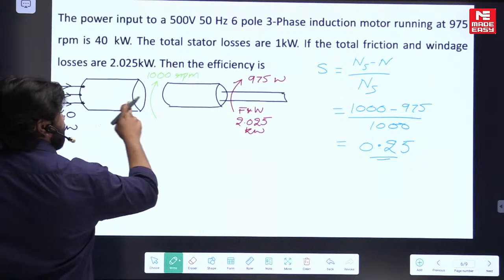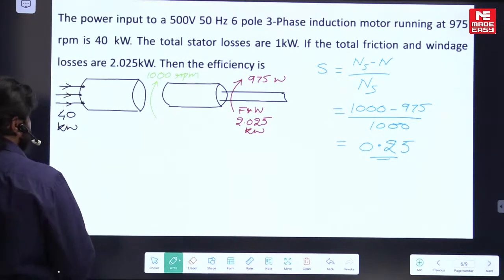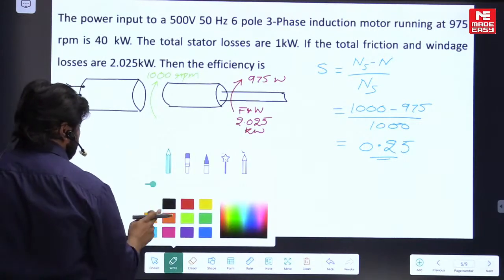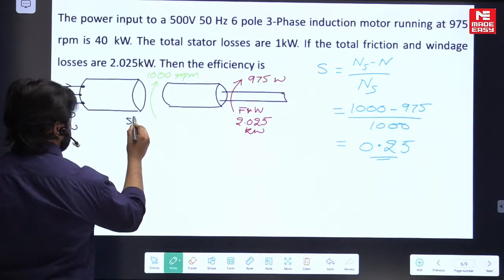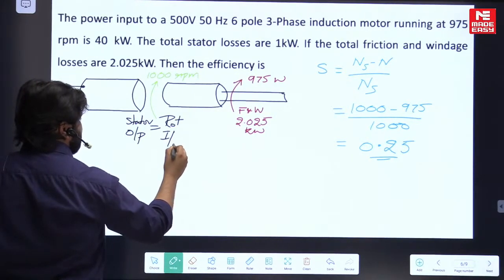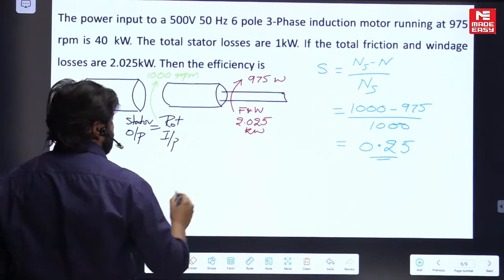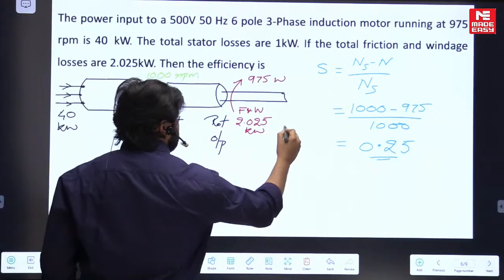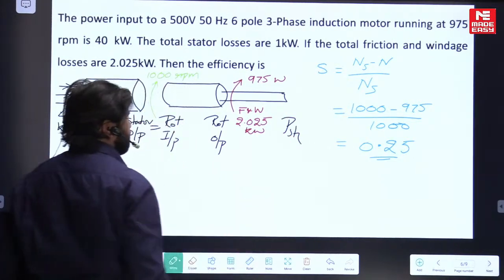You know the power stages of induction motor already. This is stator input and stator output. That is equal to rotor input or air gap power and rotor output. Finally, shaft output, PSH.